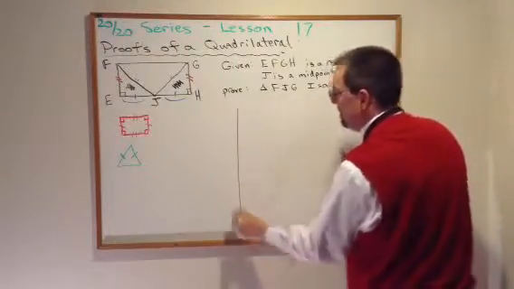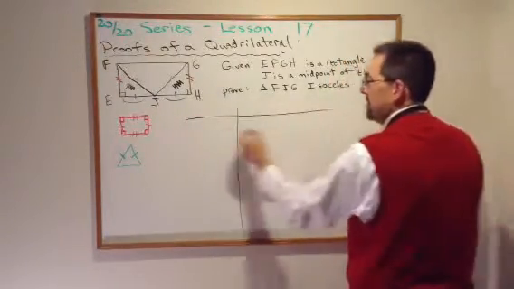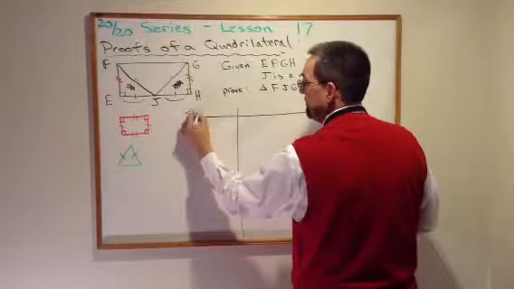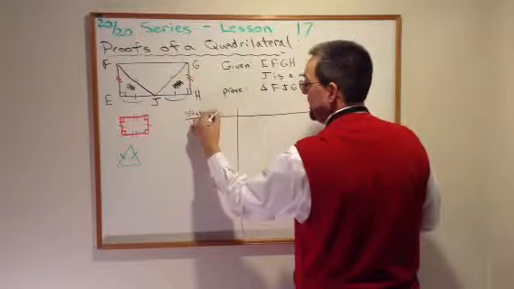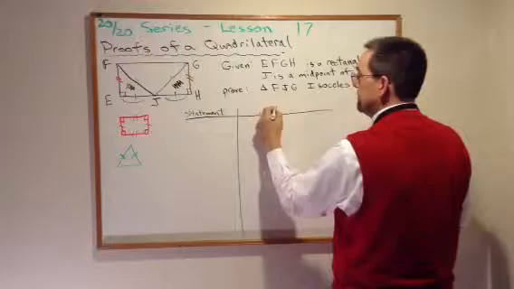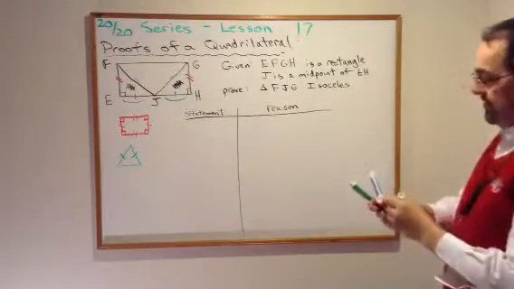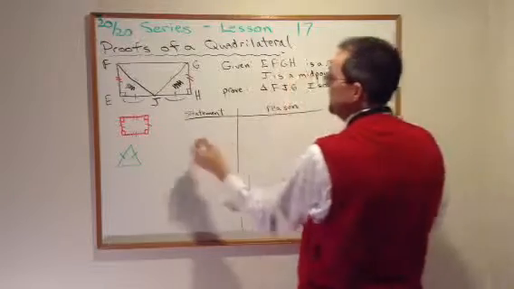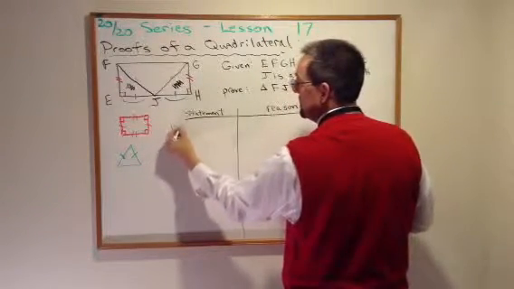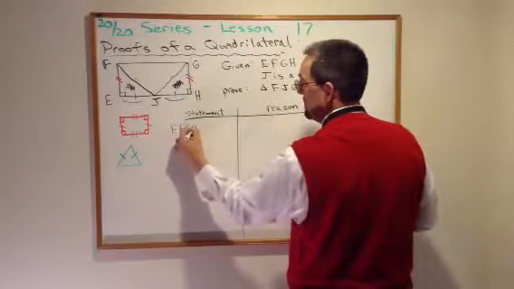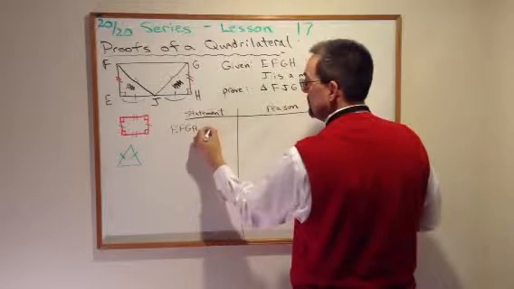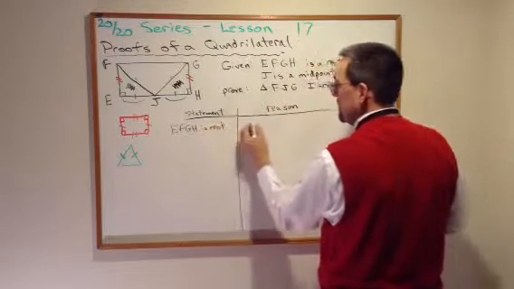Put our T-chart in here. We have our statement, and then our reason. So the first thing we had, EFGH is a rectangle, and that was given.